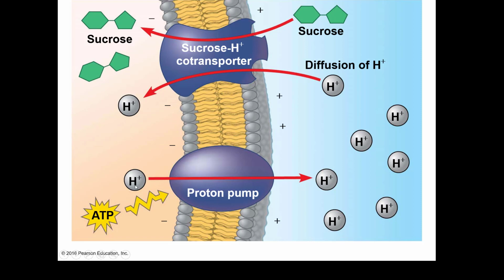So in this case, you have hydrogen pumping over. So you have the proton pump indirectly making that sucrose-hydrogen co-transporter work. I don't care that you know what a sucrose-hydrogen co-transporter is. I just care that you know what a co-transport is.